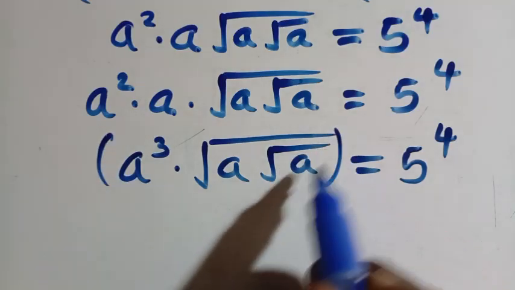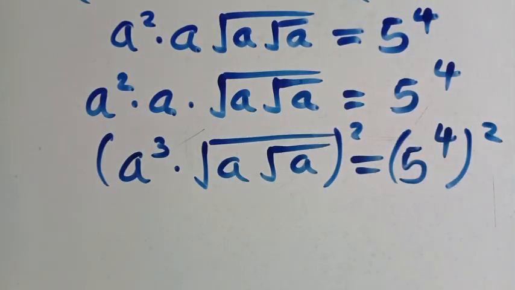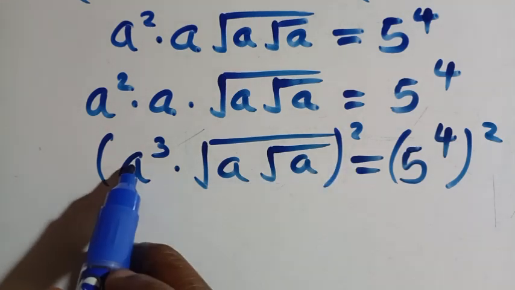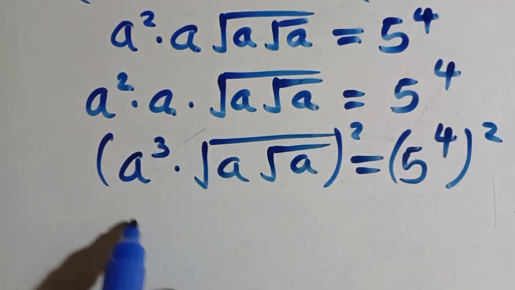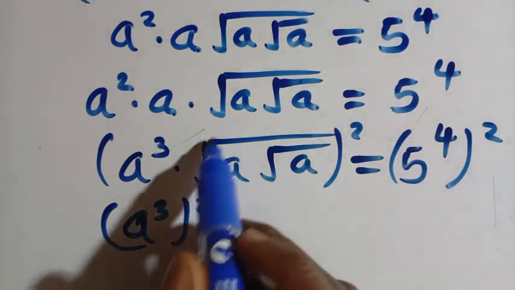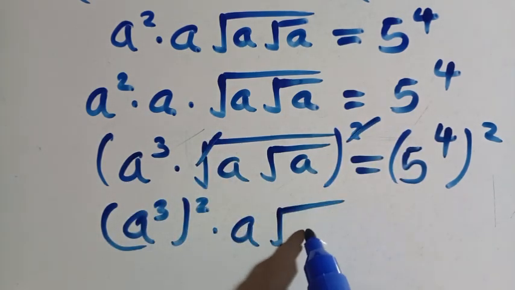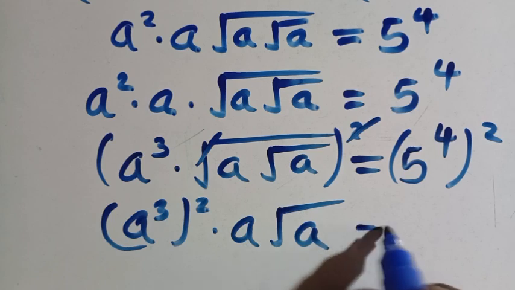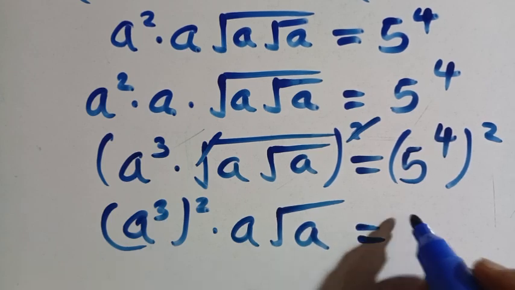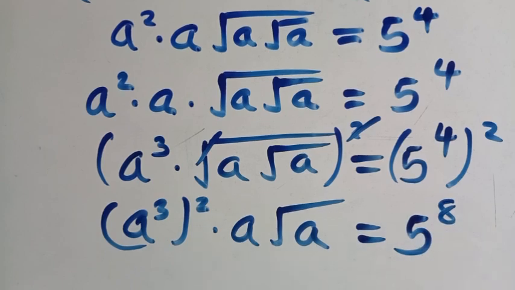So by squaring both sides here, then also we take the square of this. So this a raised to the power 3 will also be squared. So when a raised to the power 3 is squared, this and this cancel, and we have this as a multiplied by the square root of a. This equals 5 raised to the power of, so 4 times 2, that is 8.